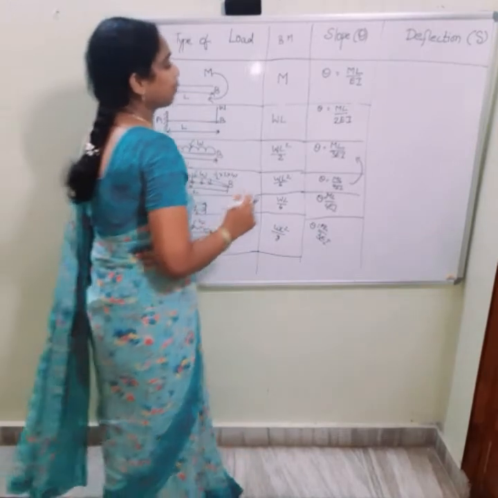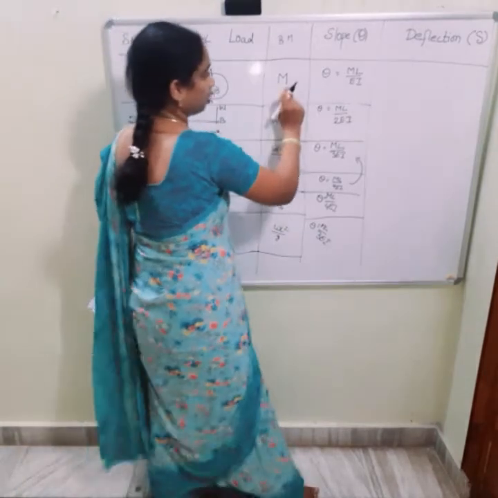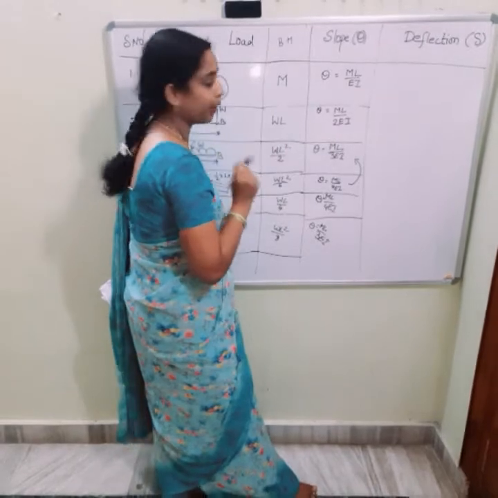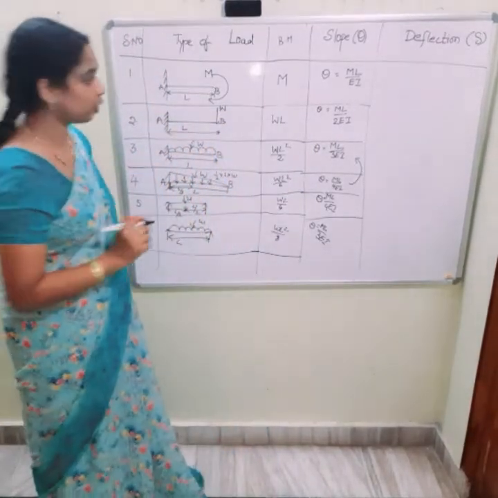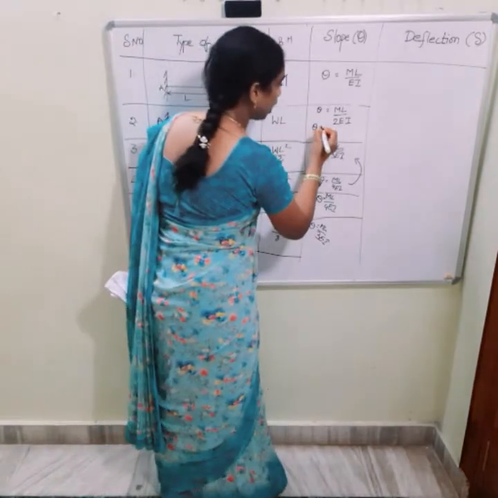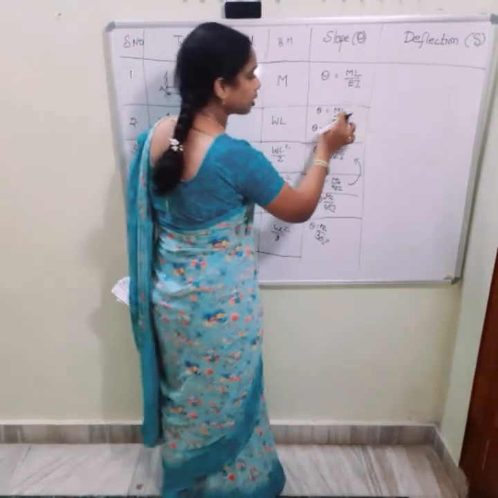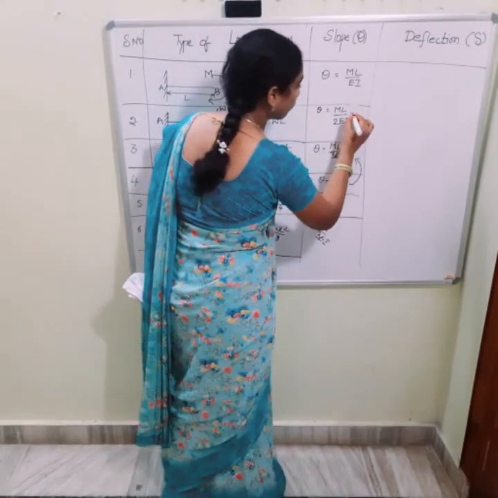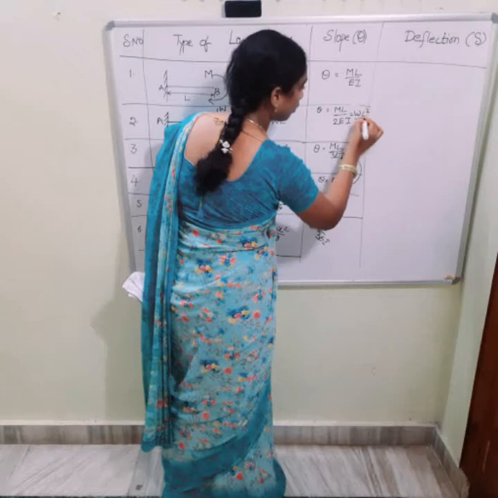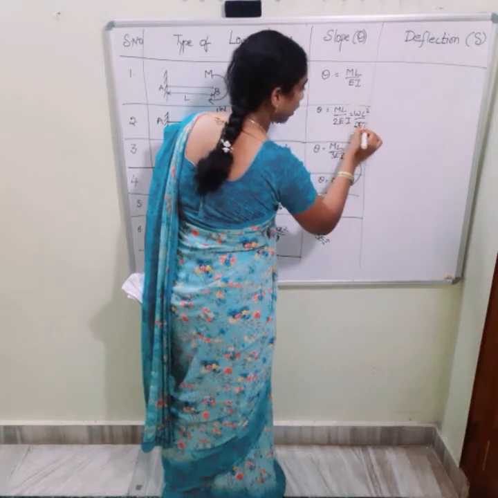Now substitute M, which is moment. For a cantilever beam with a point load, the moment is W into L, so theta is W L square divided by 2EI.